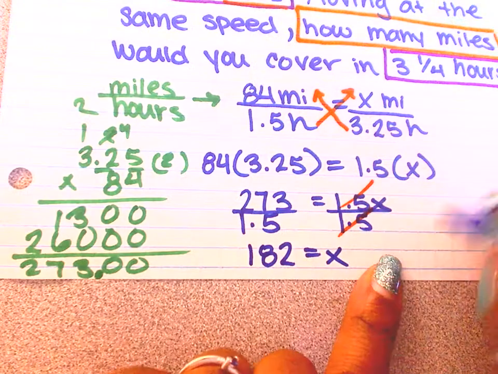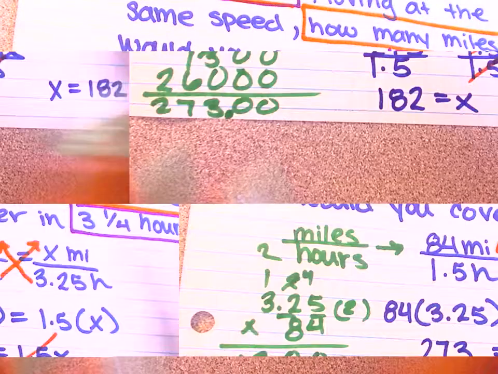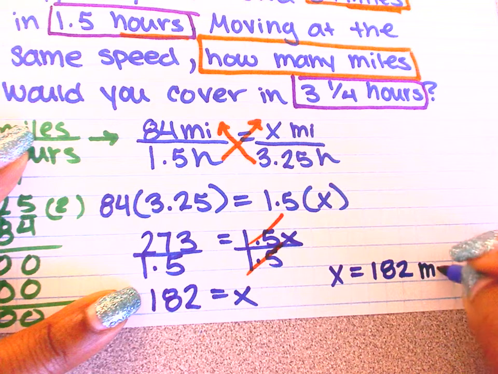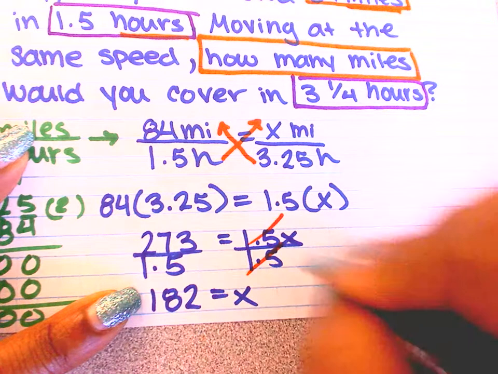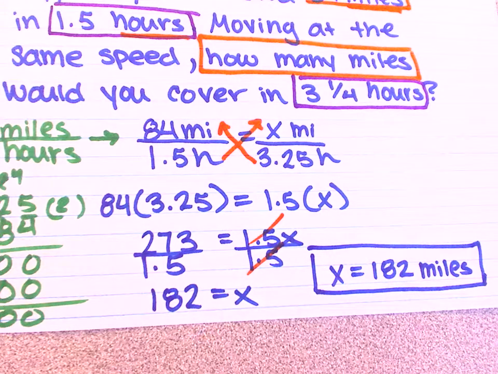Or you can write it as x equals 182. What am I looking for? It says how many miles. So it's 182. I need to make sure I write down what it is. Miles. X equals 182 miles.